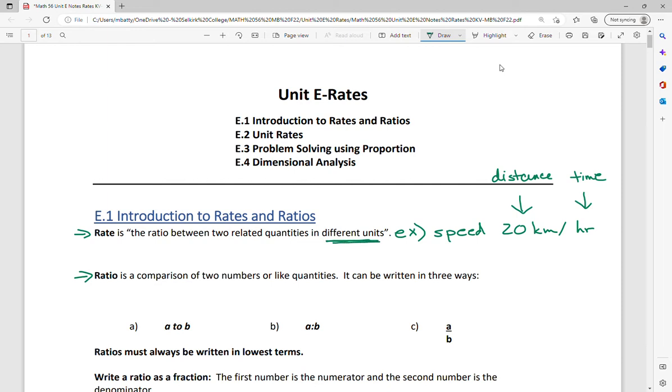The other one that we have are ratios. So a ratio is a comparison of two numbers or like quantities. They're usually in the same unit, so it's often no units. It's usually whole numbers.